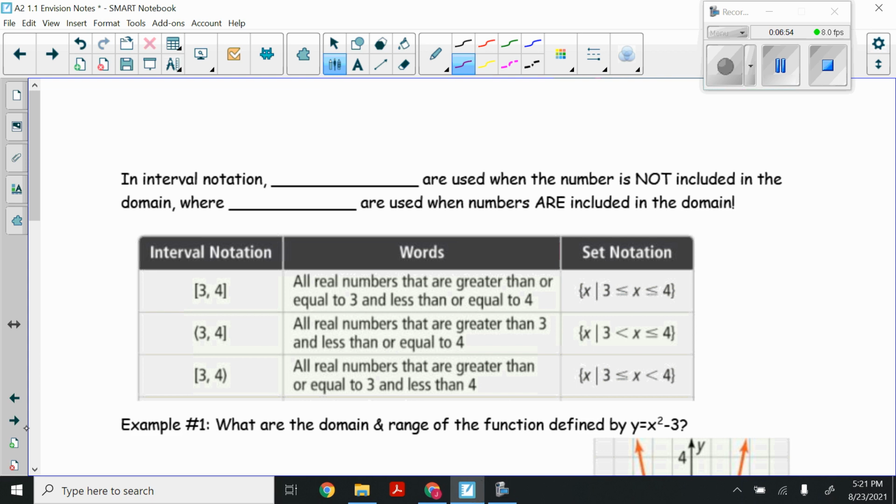Okay, next page. In interval notation, parentheses are used when the number is not included in the domain, whereas brackets are used when the numbers are included in the domain.